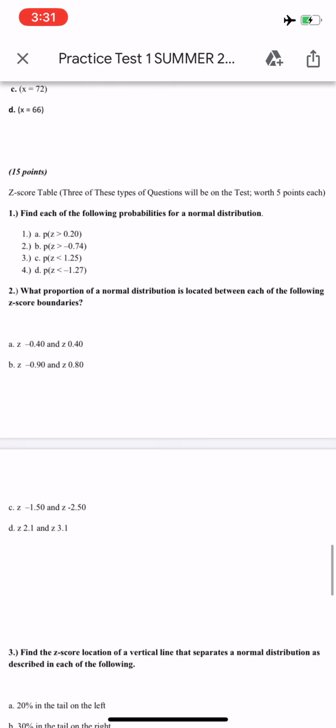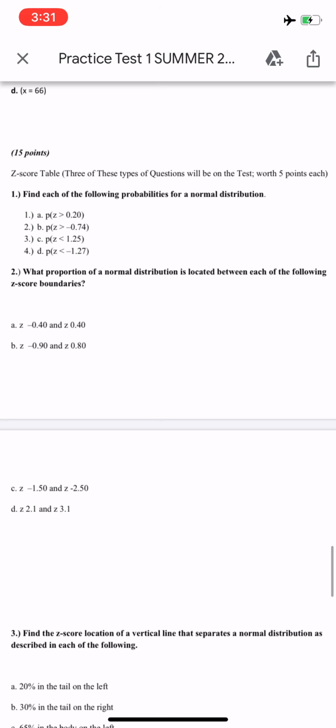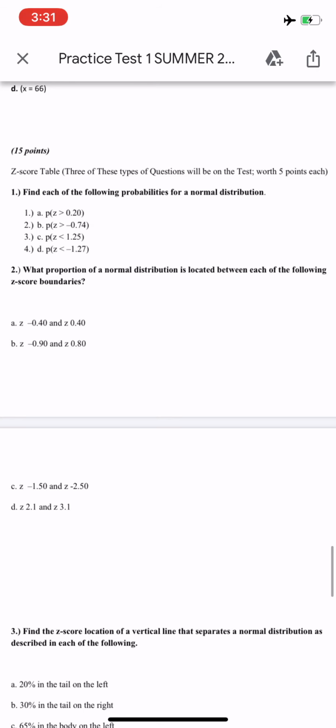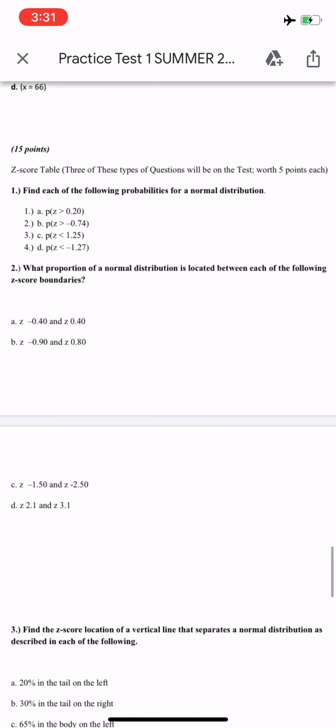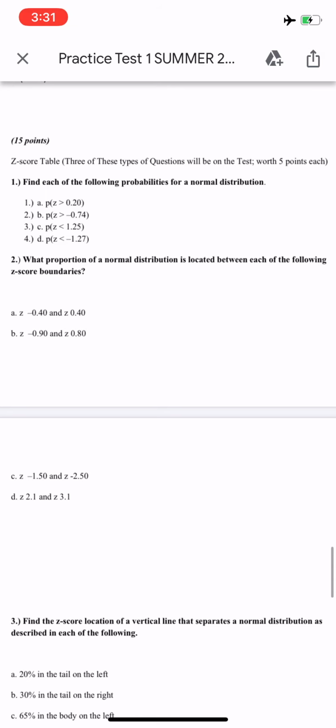What proportion of a normal distribution is located between each of the following z-score boundaries? So we have a negative 0.4 and a positive 0.4. So when you have opposite signs and you're looking for the boundaries, basically the two z-scores that separate the proportion in the distribution, you go to column D, which is the column that tells you between mean and z, and you add.